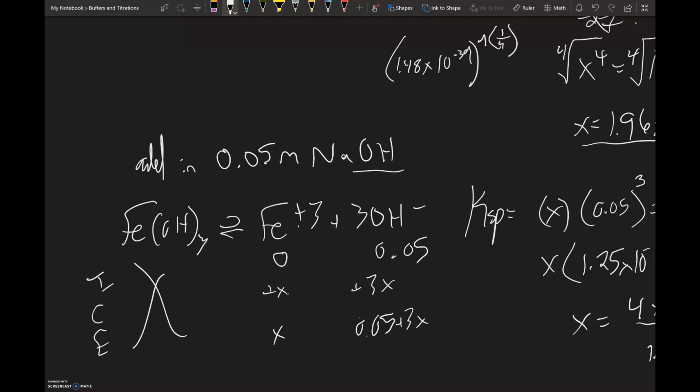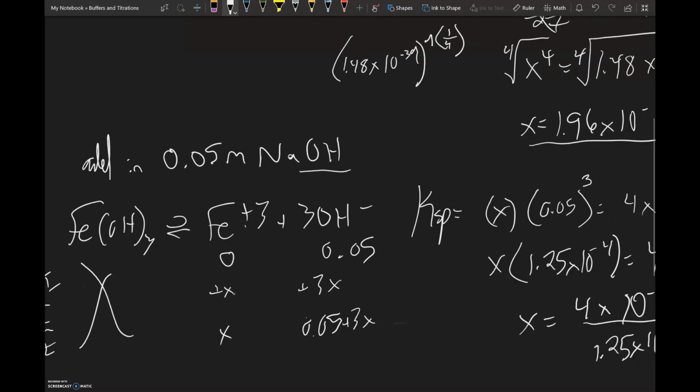No longer is our initial concentration for the hydroxide 0, now it's 0.05. So this is definitely going to change our setup in the ICE chart. You can see that we have 0.05 plus 3x.